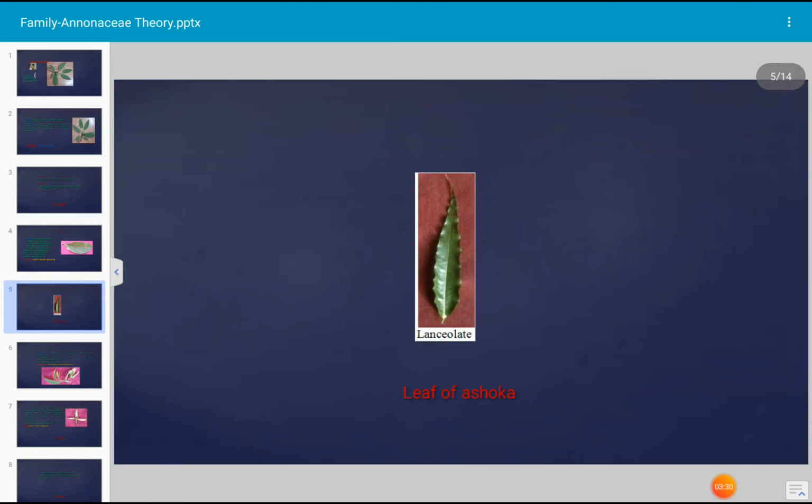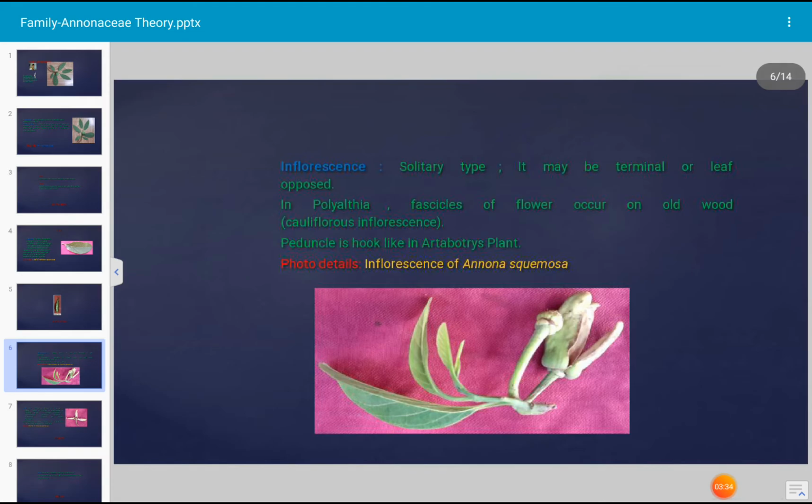This is the leaf of Ashoka. Next, inflorescence. Inflorescence is solitary type. It may be terminal or leaf opposed. In Polyalthia, fascicles of flowers occur on old wood.